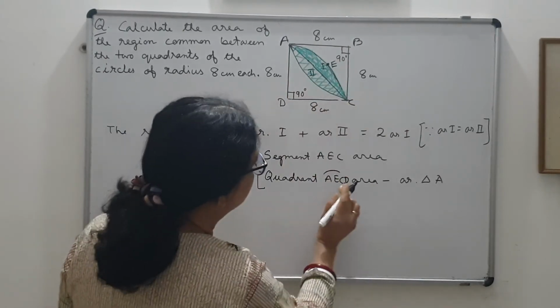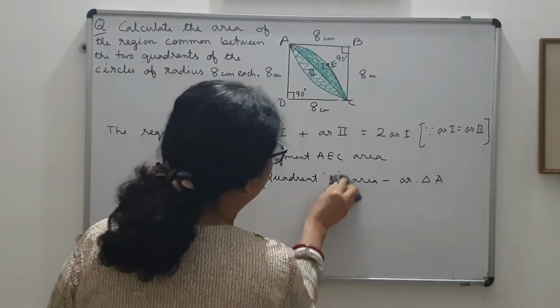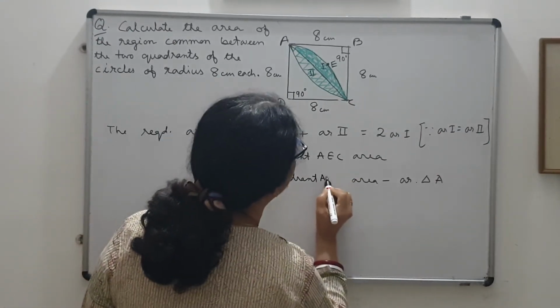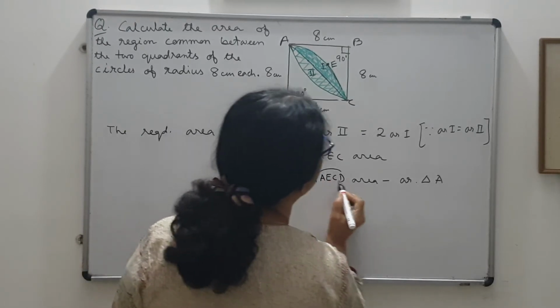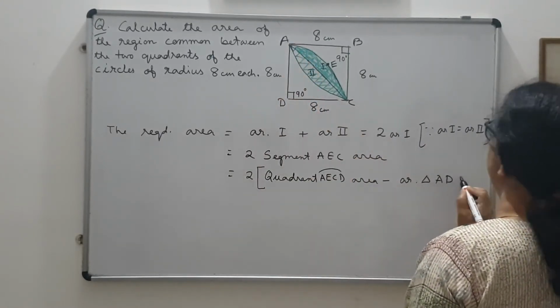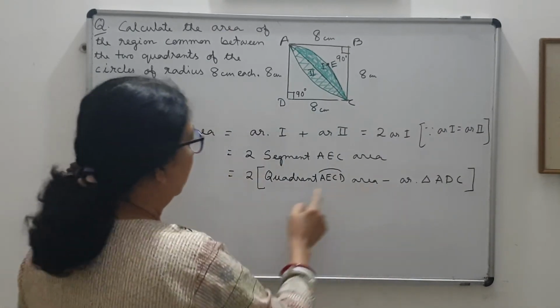AECD is the quadrant, is it clearly visible? Let me write it again. It is AECD. This quadrant area minus area of the triangle ADC. So this is the segment.